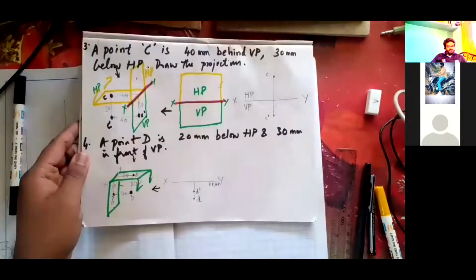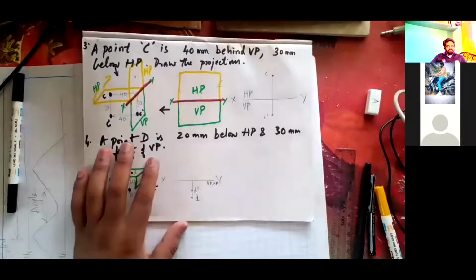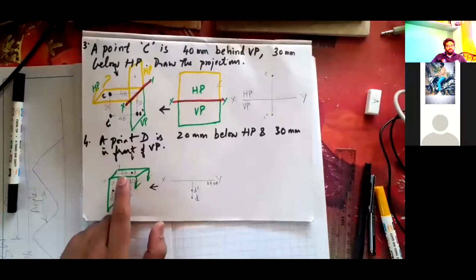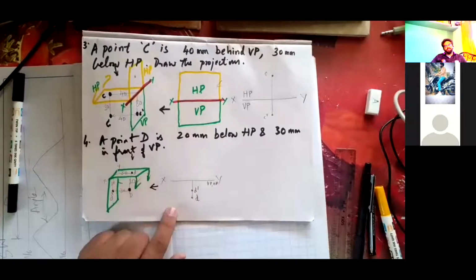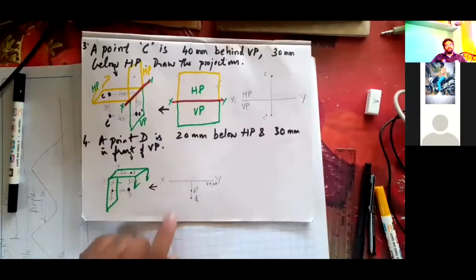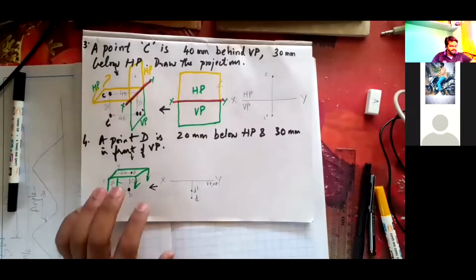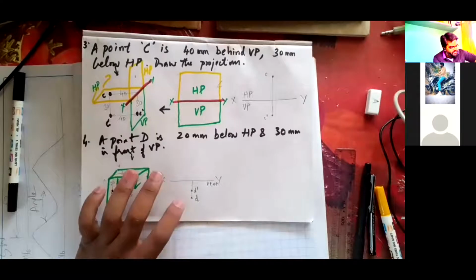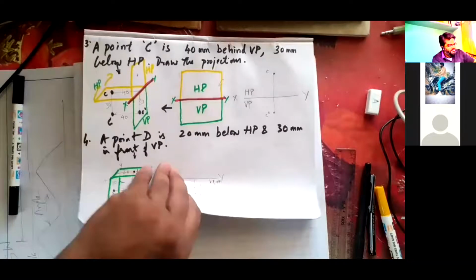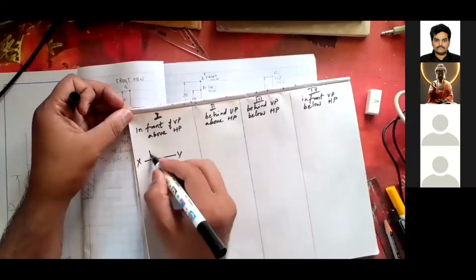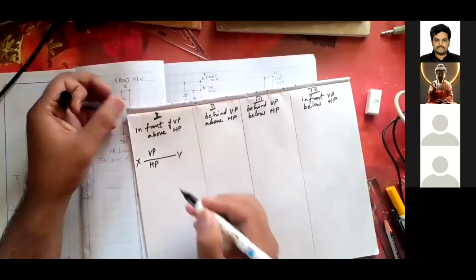So if I rotate the horizontal plane, both planes, vertical plane and horizontal plane, are overlapping below the XY line. That means all the views are overlapping below the XY line. Most of the problems that you solve will have VP above and horizontal plane below.